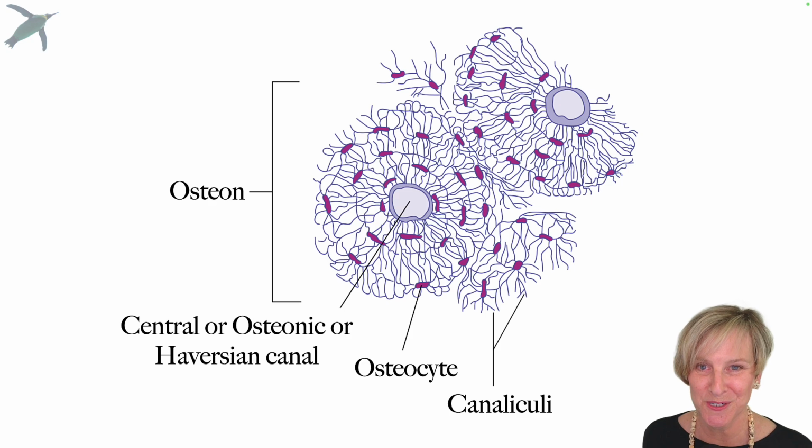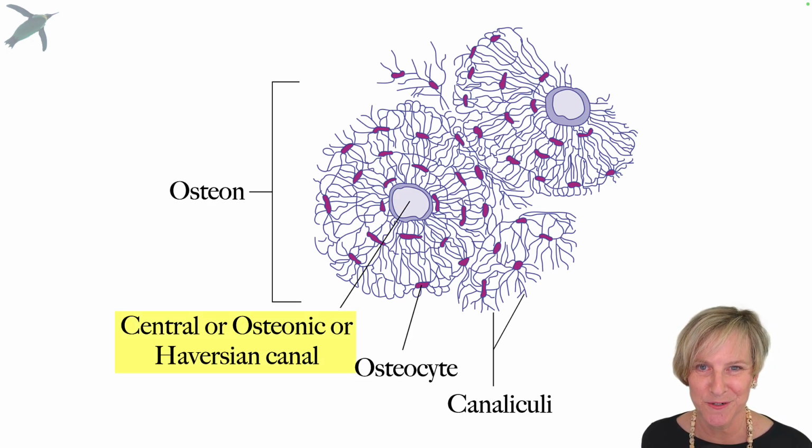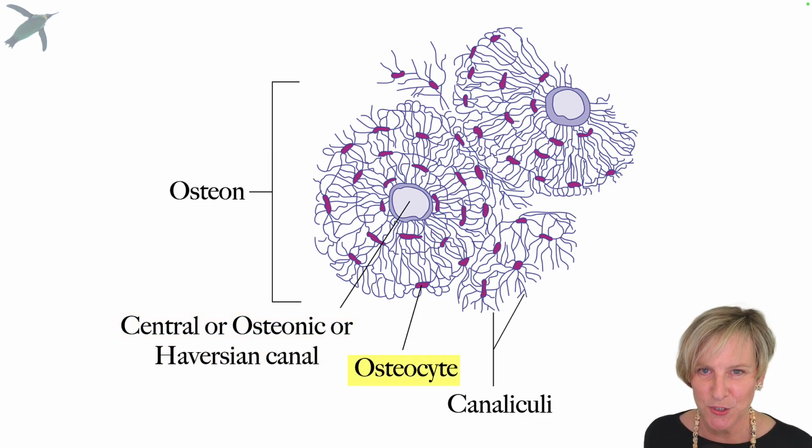Now, the functional unit of bone is called an osteon. It includes a canal in the center, which goes by three different names: a central canal, the osteonic canal, or the Haversian canal. And in those canals, you'll find nerve, lymphatic, and vascular tissue. And then you see the osteocytes, those mature bone cells, which connect to one another via little canals called canaliculi, singular canaliculus.